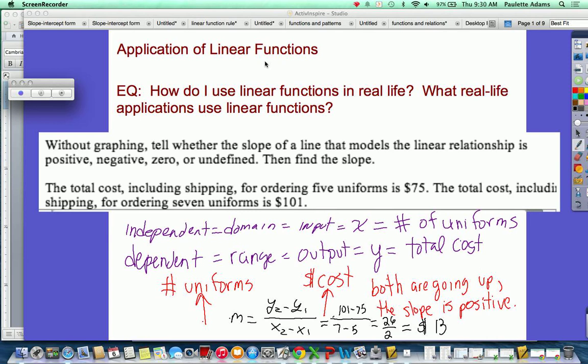Since both the uniforms and cost are going up, the slope is positive.